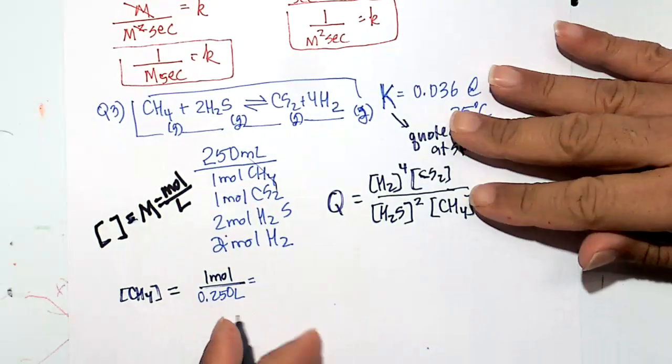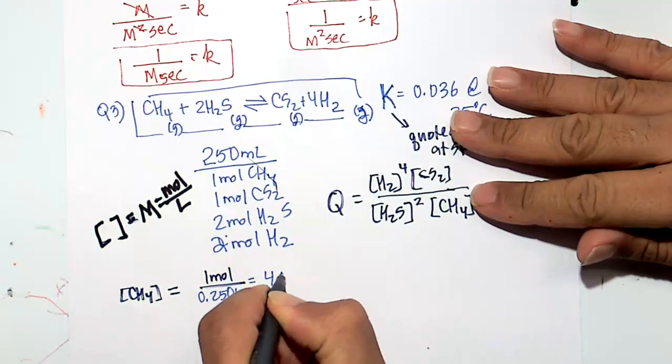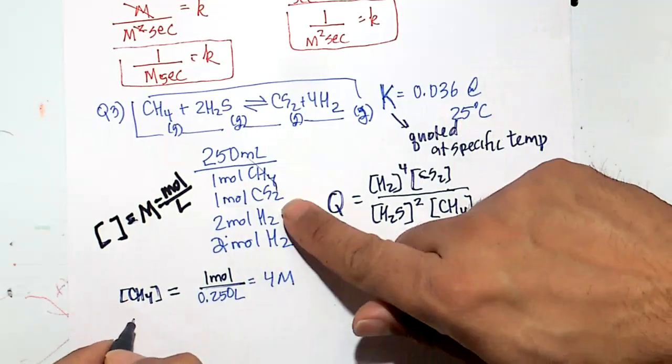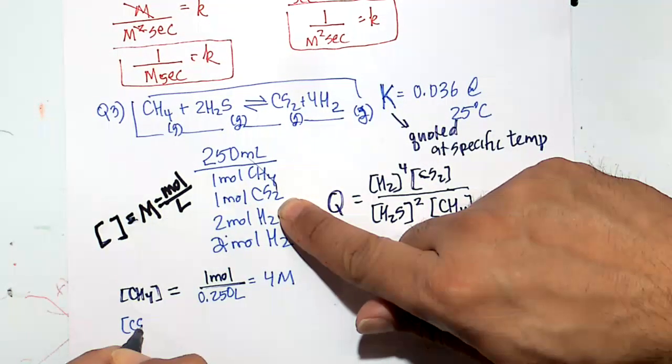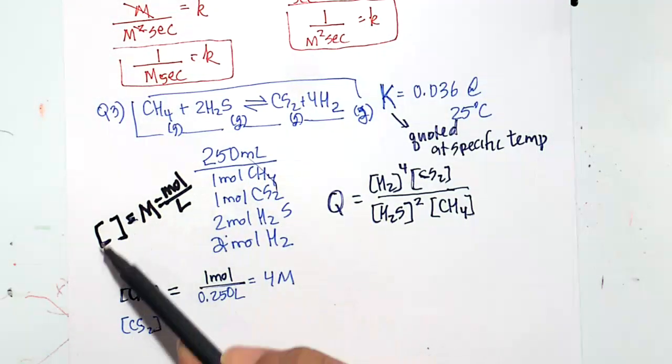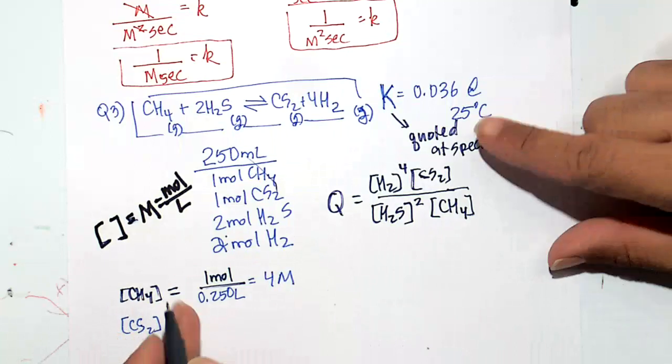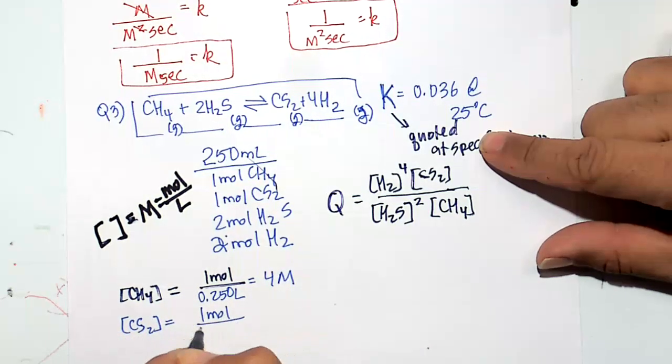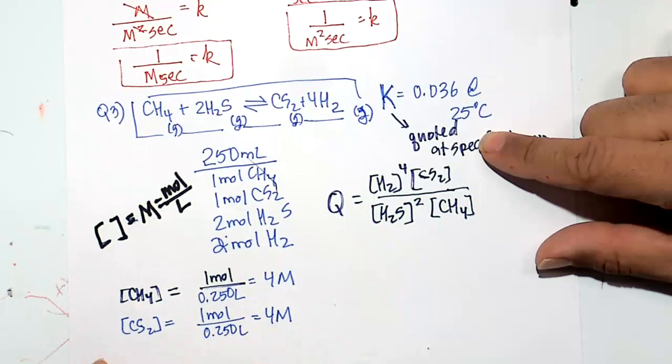Okay, 1 mole over 0.250 liters, which is, I believe, 4 M. What is my concentration of CS2? It's not 1 mole. We're in Chem 2 now. Concentration is moles over liter. It's 1 mole divided by 0.250 liters, which is also 4 molar.